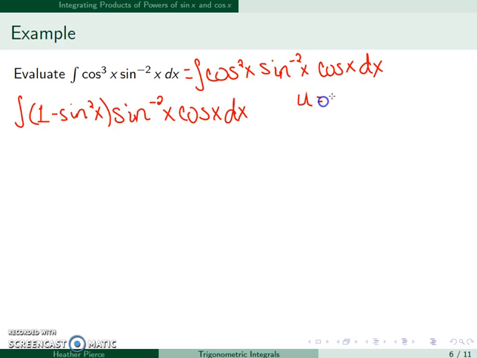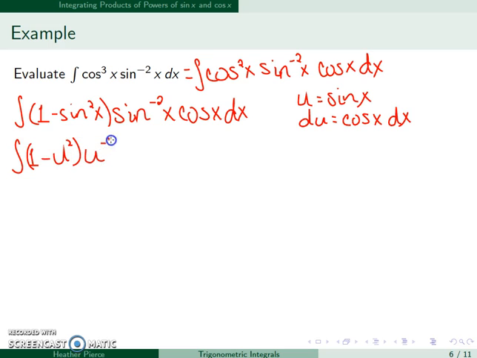At this point, I'll let u be equal to sine x, which means du would be cosine x dx. So this gives me the integral of 1 minus u squared times u to the negative 2 du. So this is the integral of u to the negative 2 minus 1 du.